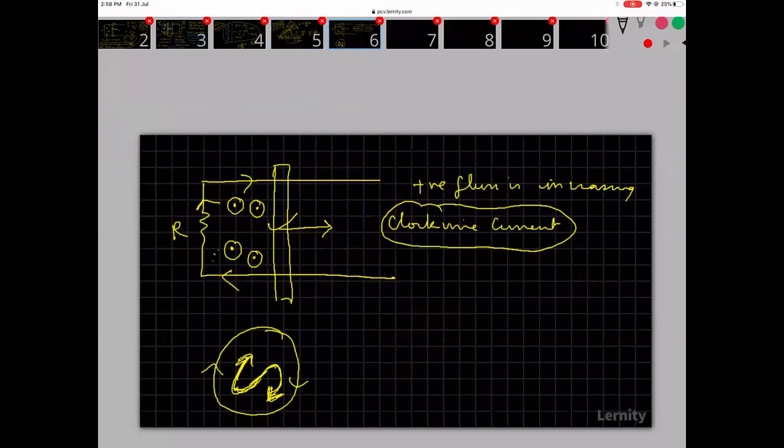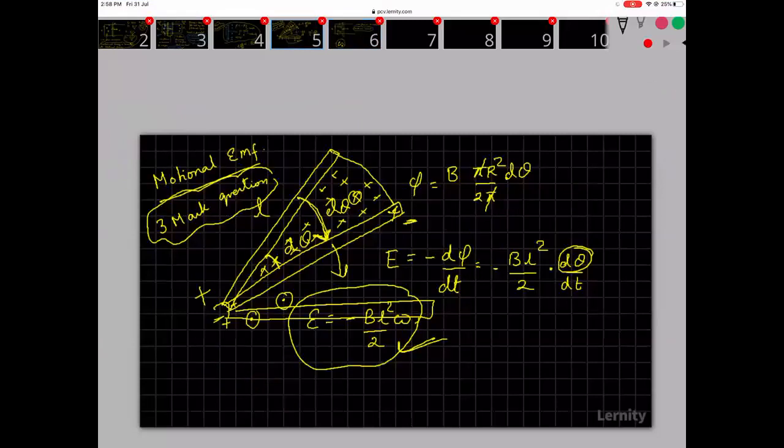So this is one slide. This was the previous slide where EMF is equal to BL squared omega by 2.